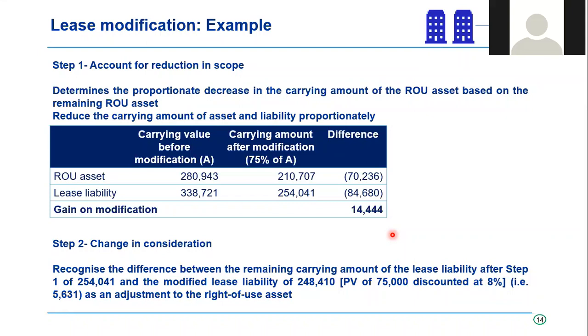These are situations one would exactly expect to see in the current COVID environment. The economic impacts are felt by everyone. Lessees may want to negotiate either by giving up space or by reducing the rentals or by seeking deferrals, seeking waivers. All of these are examples of modification accounting.